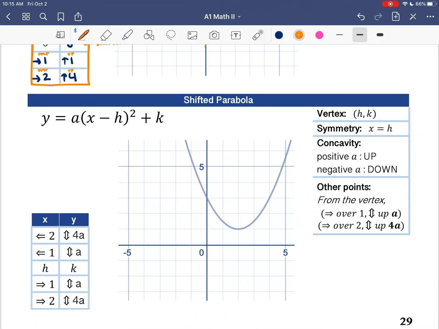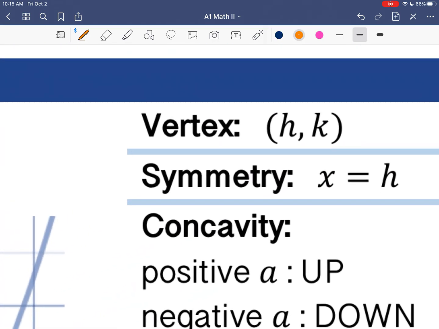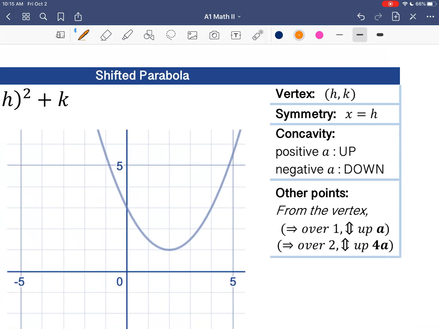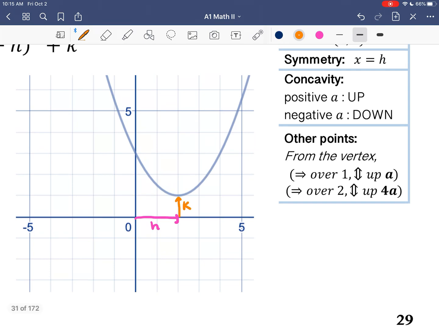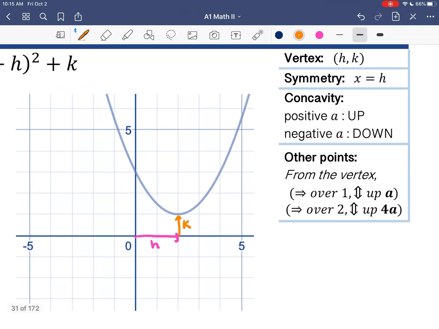So on this parabola that's shifted H and K and stretched A, the vertex is going to be at H comma K. We know that already. For the vertex, you go over H and then up K. The line of symmetry is where the vertex is, so that one's not super hard. It's x equals h.